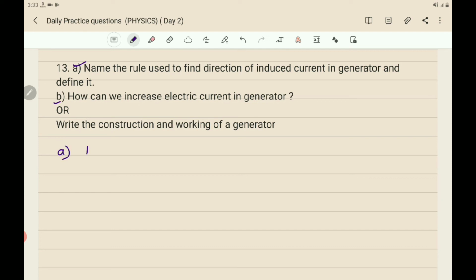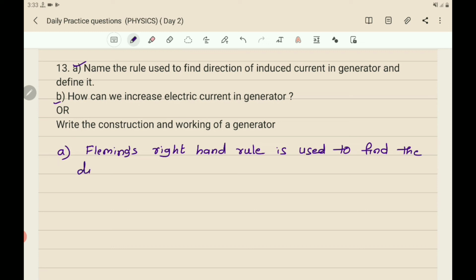Write that Fleming's right hand rule is used to find the direction of induced current in generator.